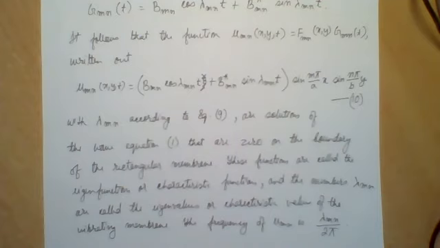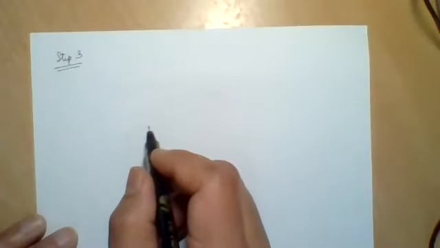Now let me take a new sheet of paper. Now let us find solutions that satisfy the initial conditions. So let me move to step number 3, solution of the model.